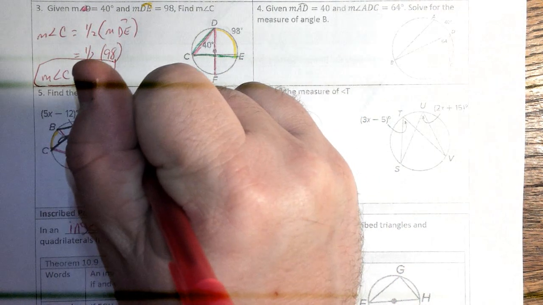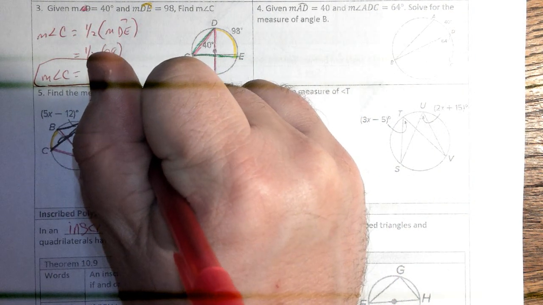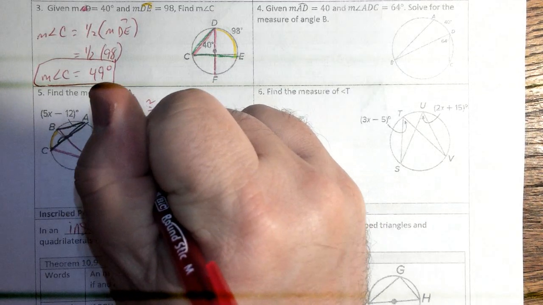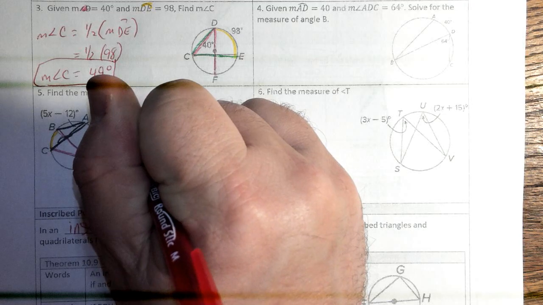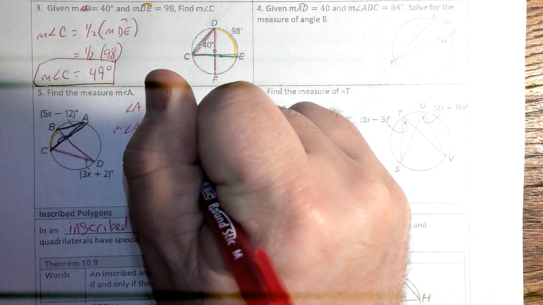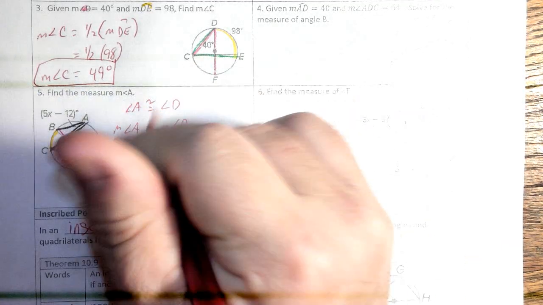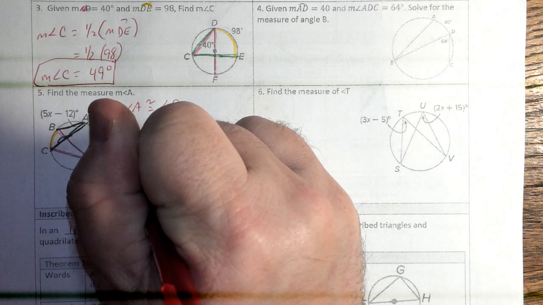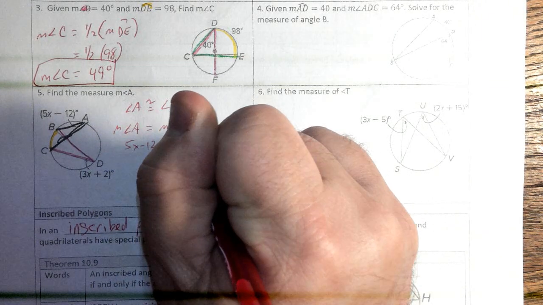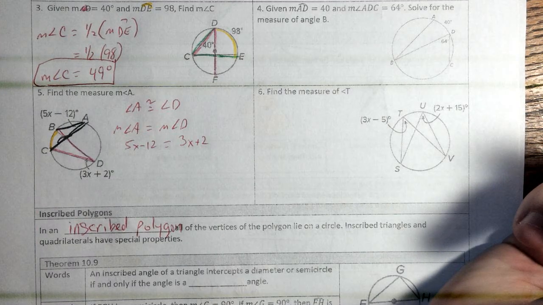So angle A is going to be congruent to angle D. So that being the case, the measure of angle A is also equal to the measure of angle D. The measure of angle A is 5x minus 12 degrees, and then D is 3x plus 2.